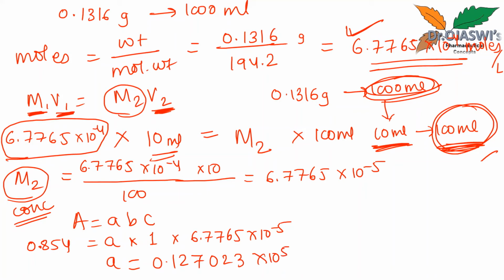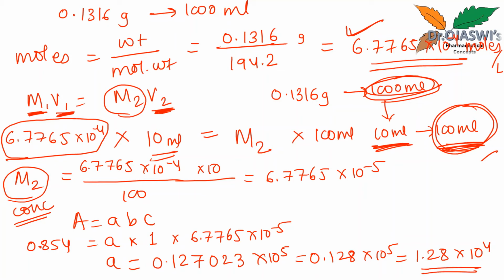I will write it as 0.128 into 10 raised to 5, because 1.28 is given in the answer, so I have just converted it for simplicity, and this is 1.28 into 10 raised to 4. So this is the molar absorptivity which we are getting.